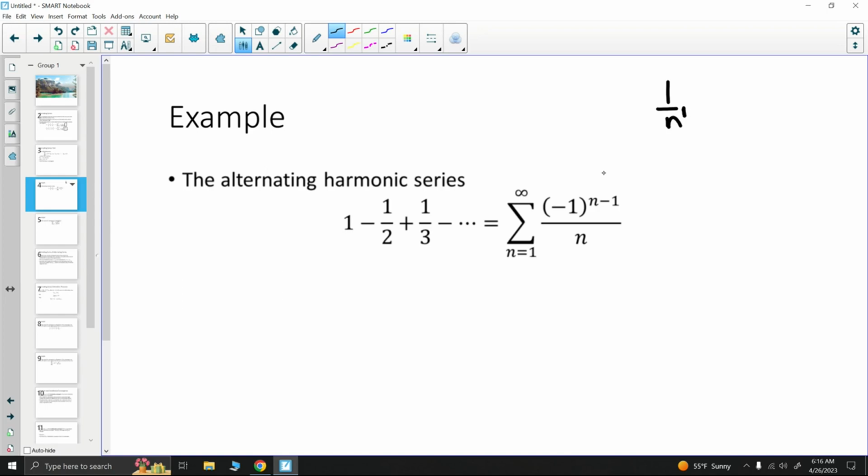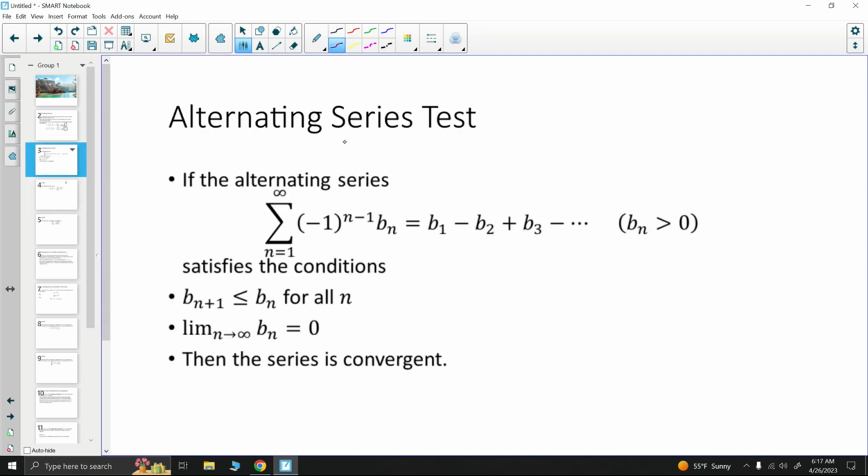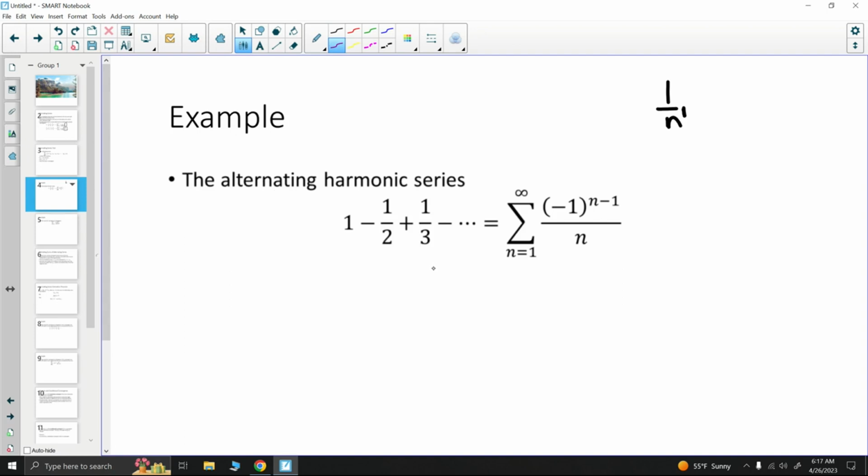So normally this would diverge, but with the alternating harmonic series, we're going to do the alternating series test. The test tells us that we need to show two things: that b sub n plus 1 is less than or equal to b sub n for all n, and that the limit as n approaches infinity of b sub n is 0.